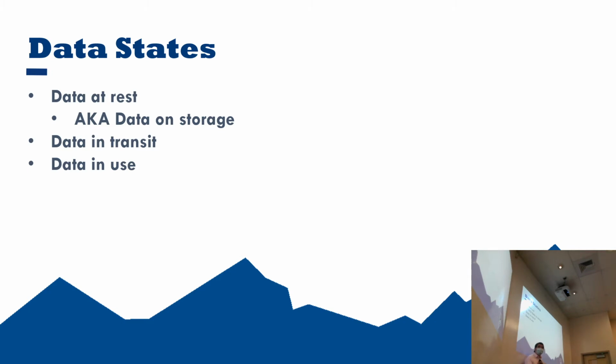Data in use. Okay, there's several different ways we could go about this. I kind of disagree with the textbook a little bit here, where it says you cannot encrypt memory contents. I don't think they're right about that. You can certainly have protected memory instances, especially across virtual machines. So I would certainly say look into those options. Because if you think about it, okay, I don't have any markers with me.